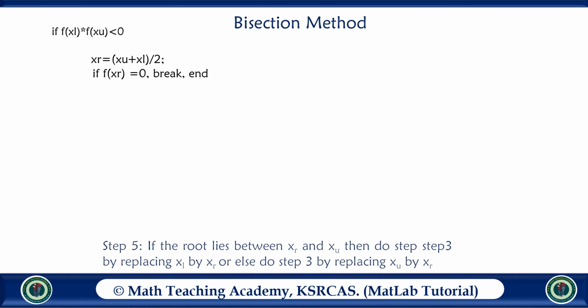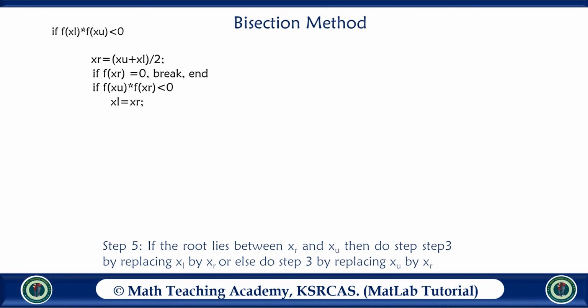If the root lies between xr and xu, then do step 3 by replacing xl by xr, or else do step 3 by replacing xu by xr. So this is achieved by the command if f of xu star f of xr less than 0. If it is true, then the root lies between xu and xr. Then what you have to do is bisect these two values, that is xu and xr.